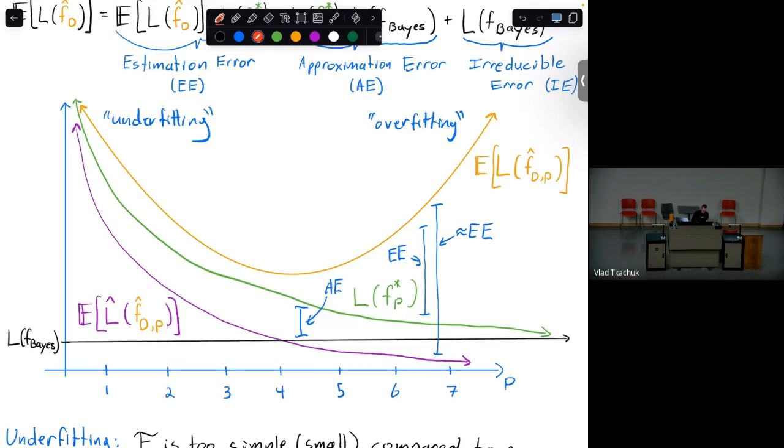It happens when you have high approximation error, when your function class is very small. Approximation error is this f star business relative to this guy. But you have low estimation error.